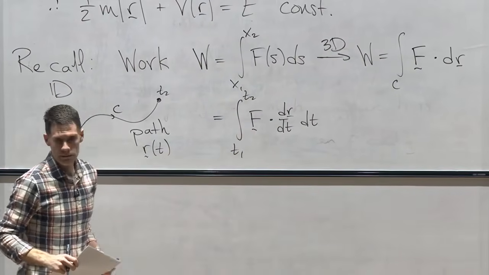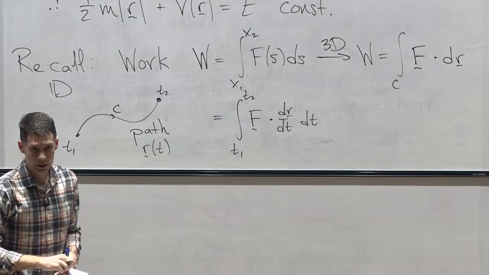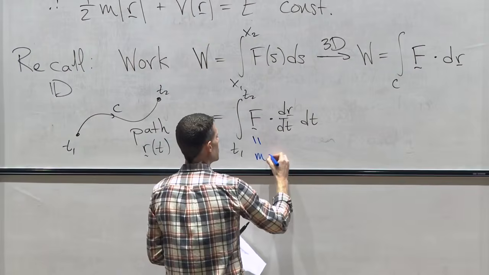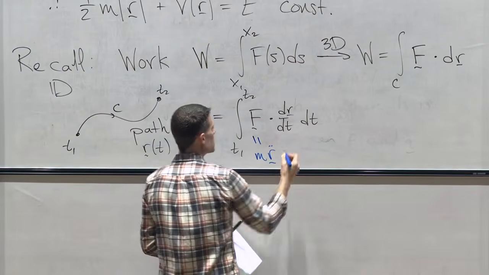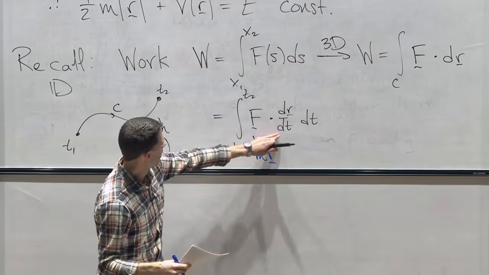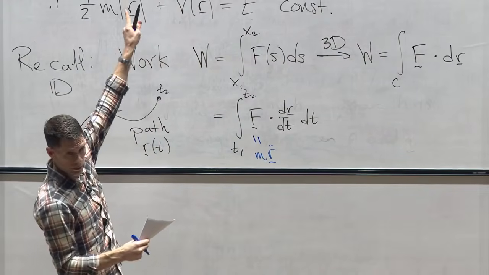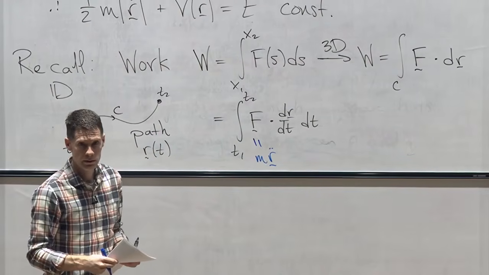But f is m r double dot by Newton. So I have an m r double dot dot r dot, but that's 1/2 d/dt of m r dot squared, the same thing we just did above.